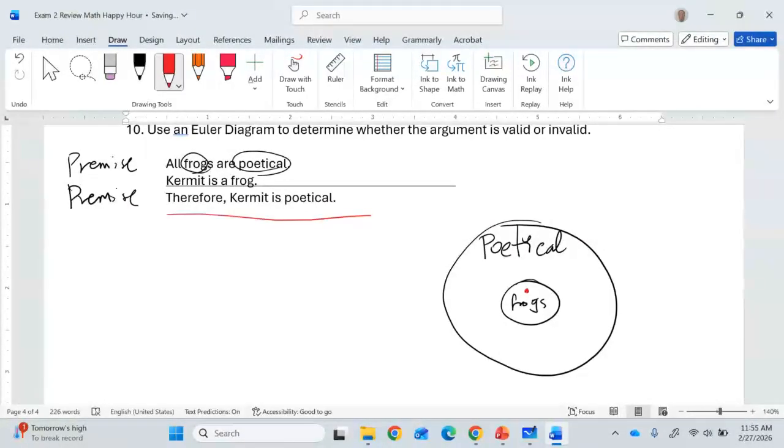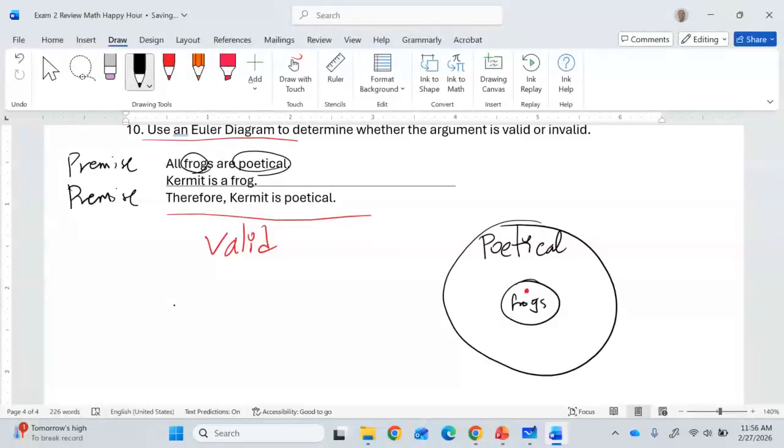Well, this is a valid argument, because by putting the dot inside the frogs, and since the frogs are contained inside of the poetical, automatically it implies that Kermit is poetical as well. So this is a valid argument, since using the Euler diagrams, you can draw that same conclusion.